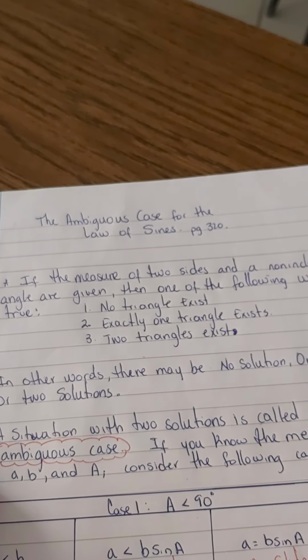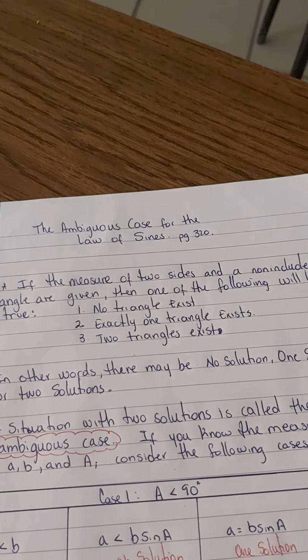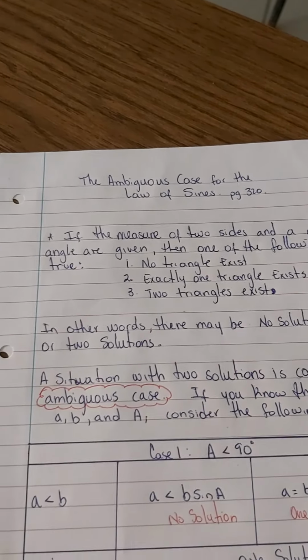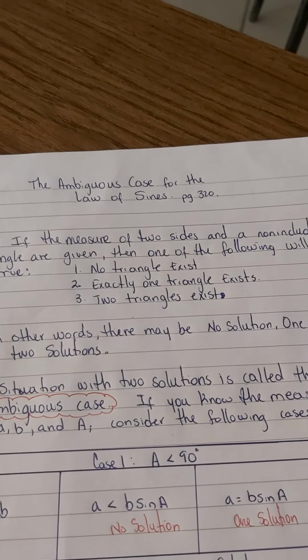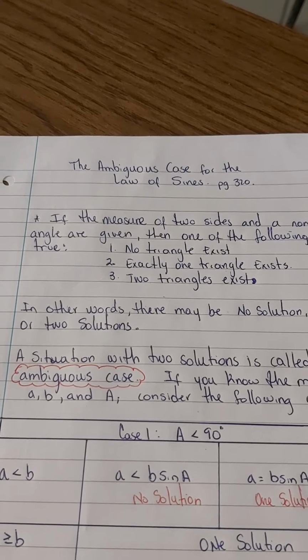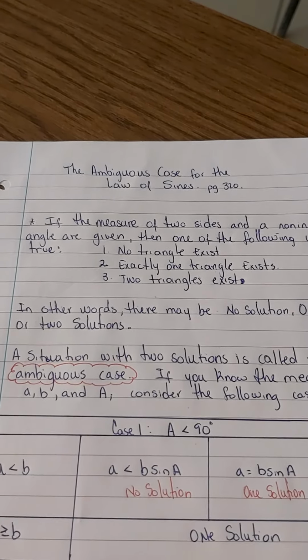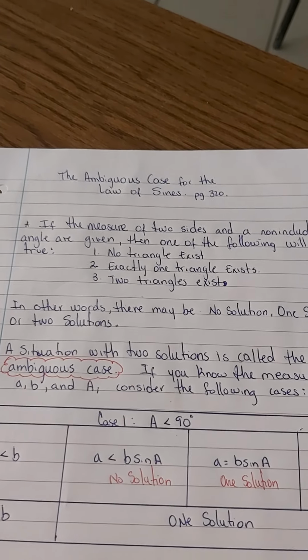No triangle exists. 2. Exactly one triangle exists. Or 3. Two triangles exist. In other words, there may be no solution, one solution, or two solutions. Now, a situation with two solutions is called the ambiguous case.